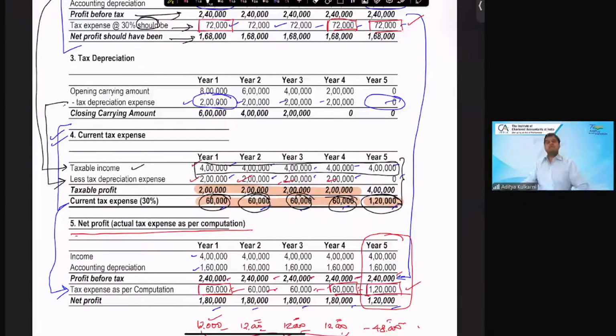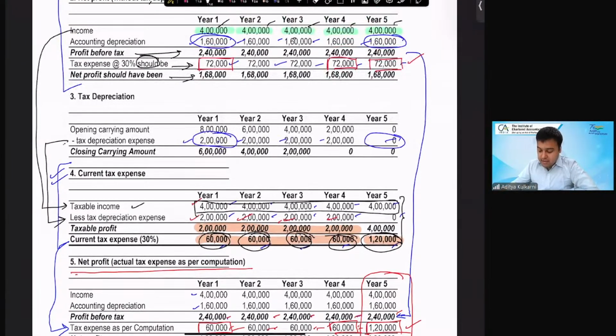Taxable income is the same, and what is the source of this taxable income? When we say taxable income, this is a wrong notation. We should mean the PBT. This becomes your taxable profit or income. The source is this 4 lakh rupees.